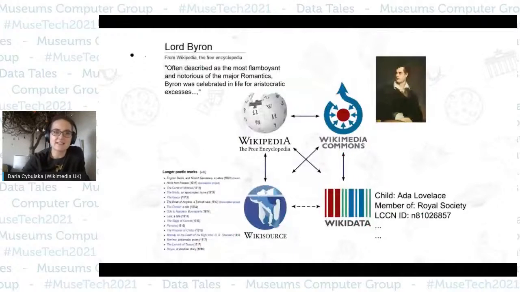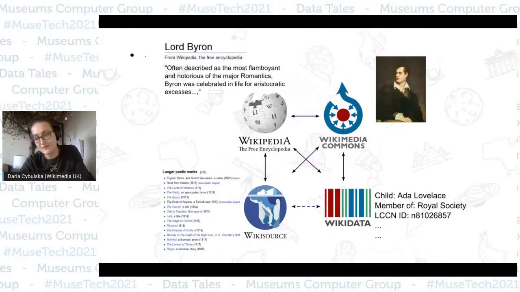So Wikidata is a sister project of Wikipedia. It's a free knowledge base about the world that can be read and edited both by humans and by machines. And it's developed by a community of volunteers, just like Wikipedia, and heritage museum professionals are very welcome as well to share their knowledge.